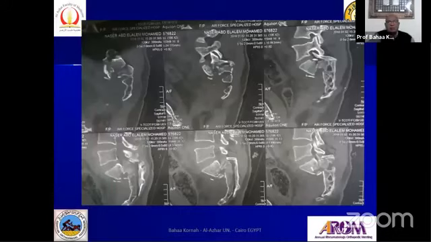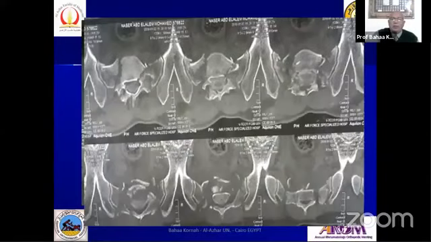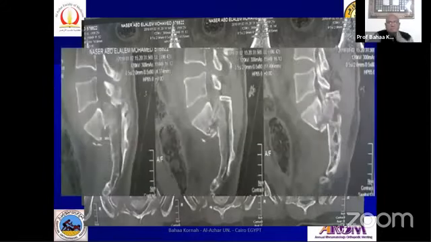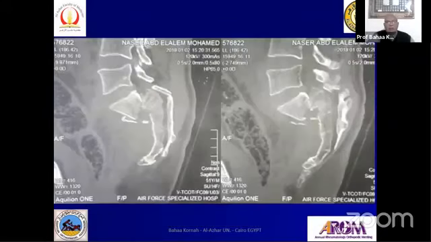This is a close view of the severely displaced sacral fracture. And this is a coronal view, and you can see that according to the morphology, it looks like a Y-shaped fracture. And this is a sagittal CT scan reconstruction, and these are the close views.